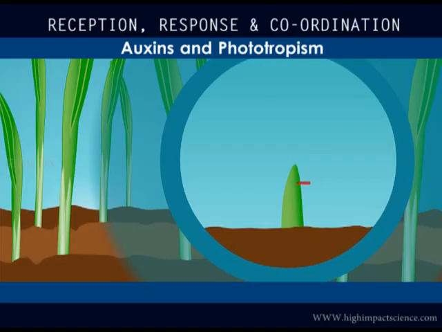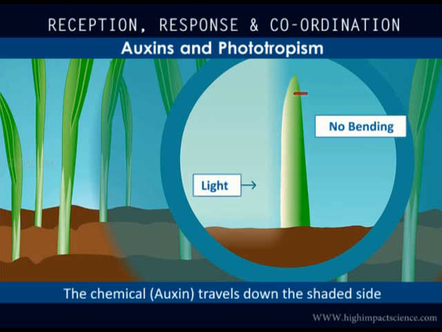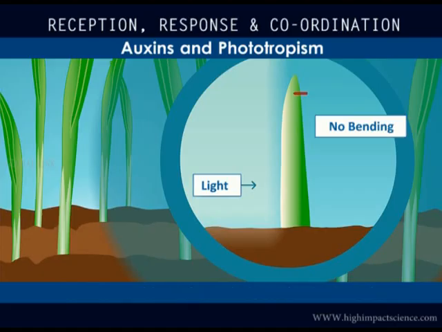But when it was inserted in the shaded region, there was no bending, showing that the chemical, that is auxin, travels down the shaded side. Again, because mica does not block electrical signals, this also suggested that the message was chemical.